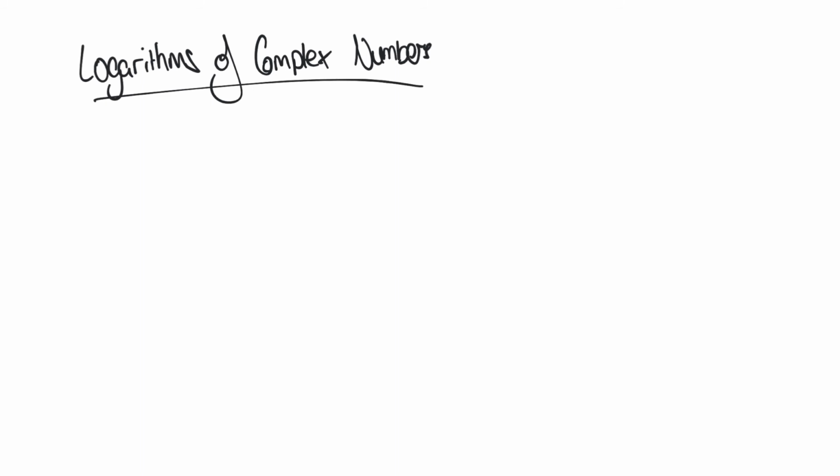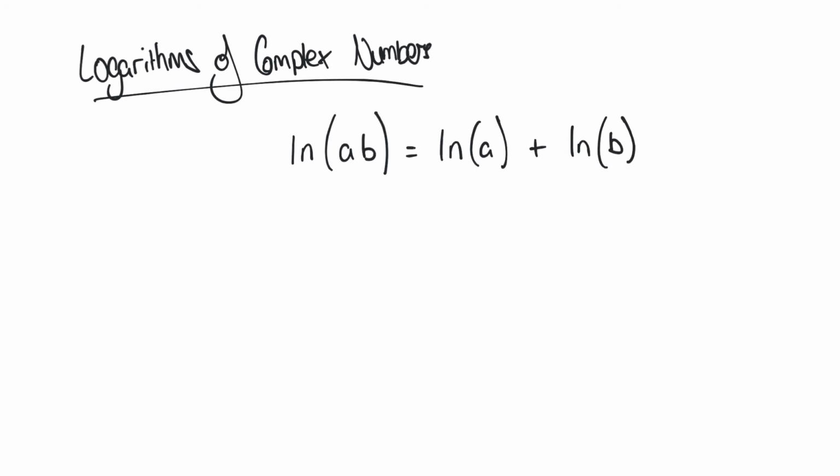But before we start, I want to remind ourselves of one of the laws of logarithms that you've hopefully come across before. The logarithm, which I'll write as ln, of a times b is equal to the logarithm of a plus the logarithm of b.